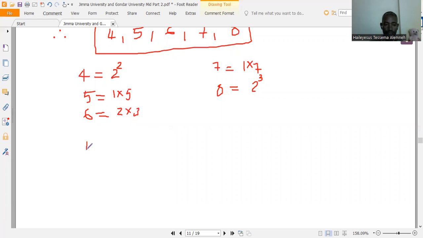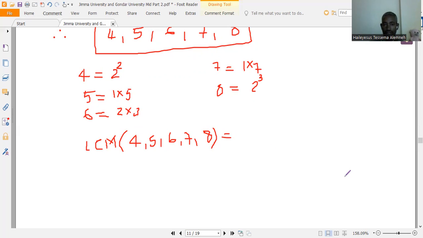አሁን what's LCM? What's the LCM of these numbers? The LCM of 4, 5, 6, 7, and 8. The LCM of these numbers. እንዴት ነው የምናገኘው? LCM እንዴት ነው የምናገኘው?